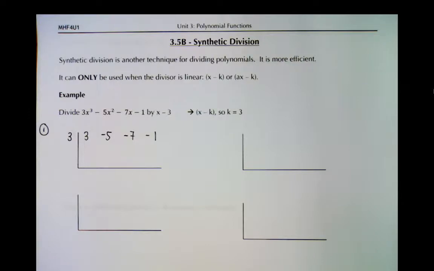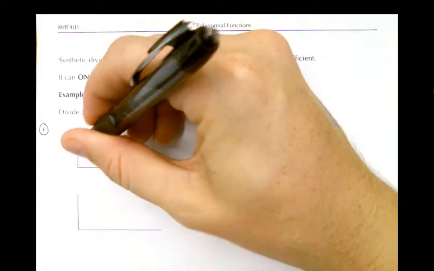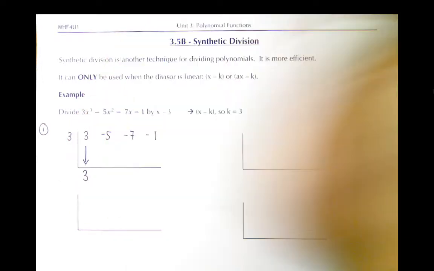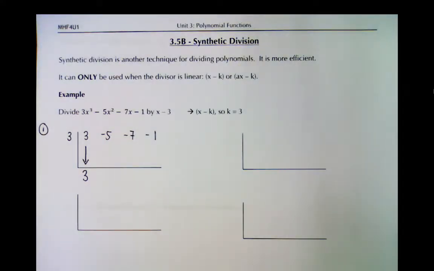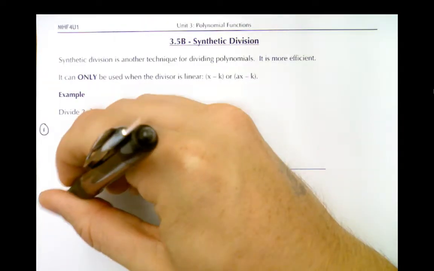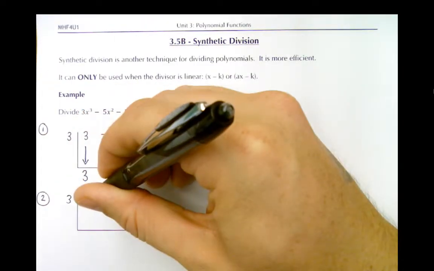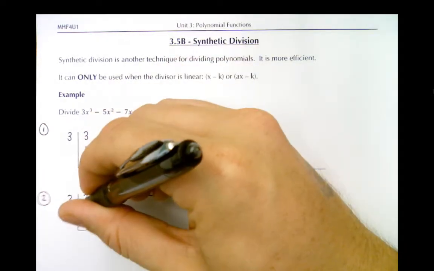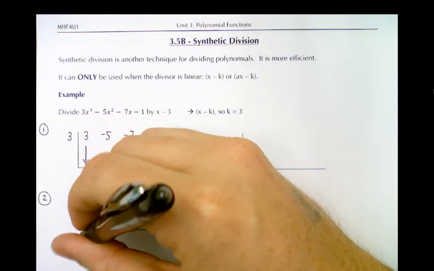Now, how do we do it? Well, we start always by bringing down the first coefficient, 3. That's our first step. Second step, I'm going to rewrite it here: 3, minus 5, minus 7, minus 1. We brought down the 3, so we're here.